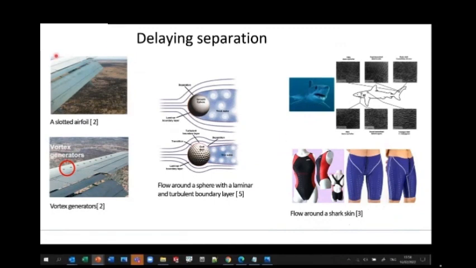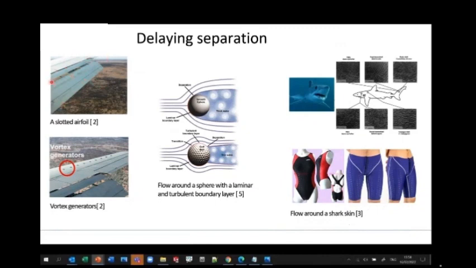So on the left, we can see up here on the upper image a slotted airfoil. So here we've got an airfoil, it's relatively high curvature, so without that slot the flow would separate due to that adverse pressure gradient, and that would result in increased drag and reduced lift. So why do you see examples like this?